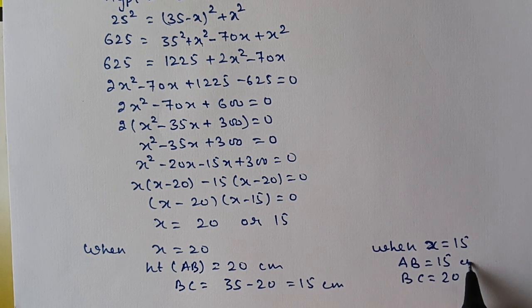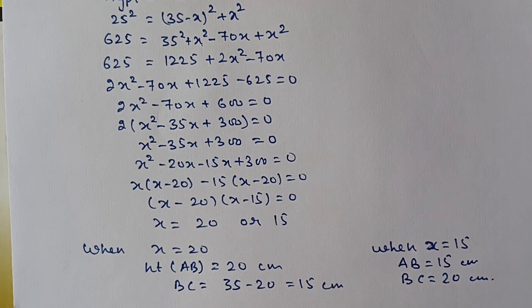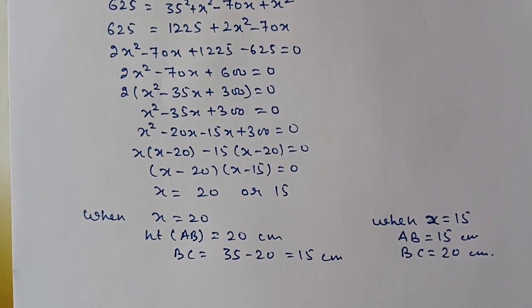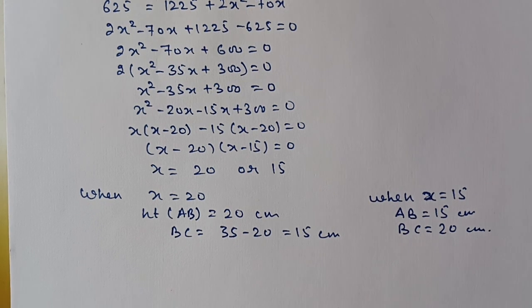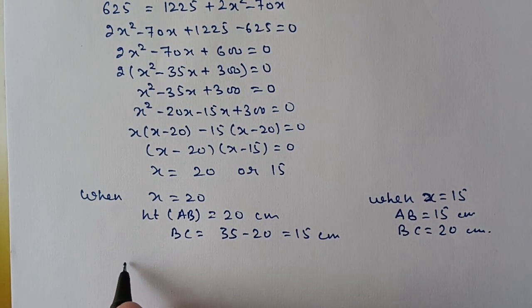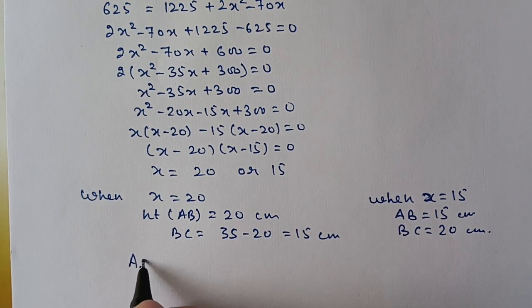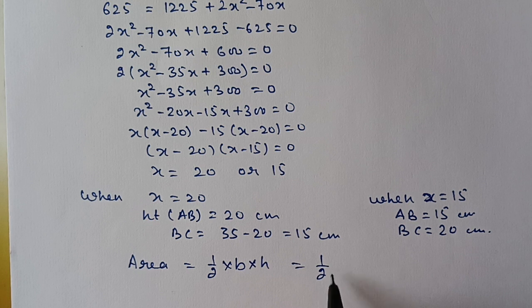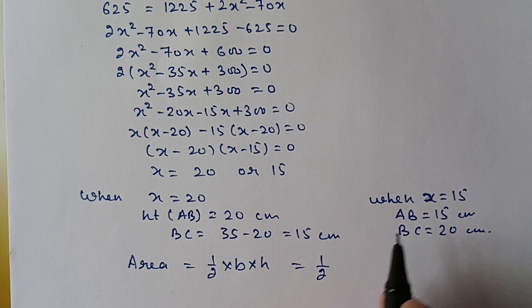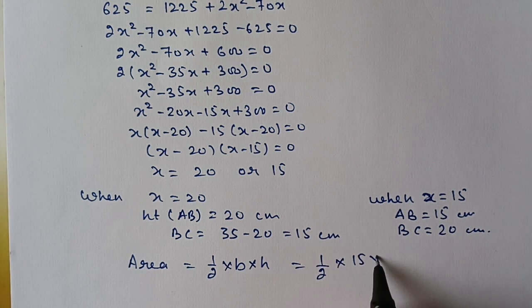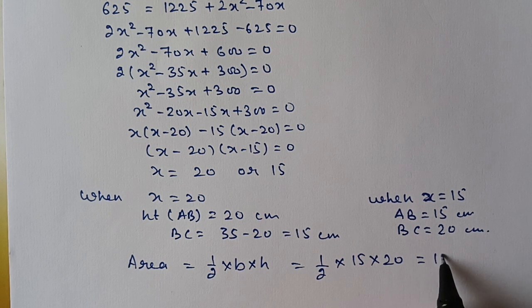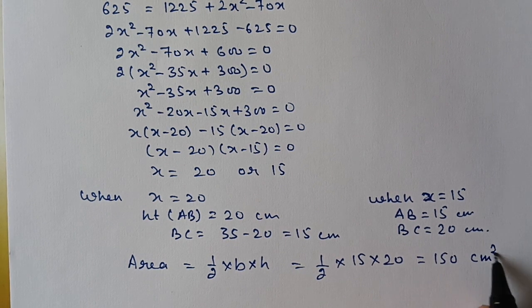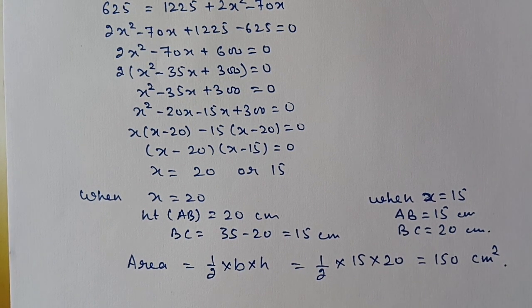So we are getting one side is 15, another side is 20. Now we have to find out its area. So area formula we can use, area is equal to half base into height. Any one you can take because both are 15 and 20. Half into 15 into 20, and after cancellation 150 centimeter square we are getting.